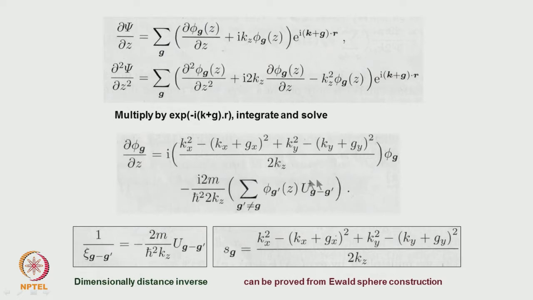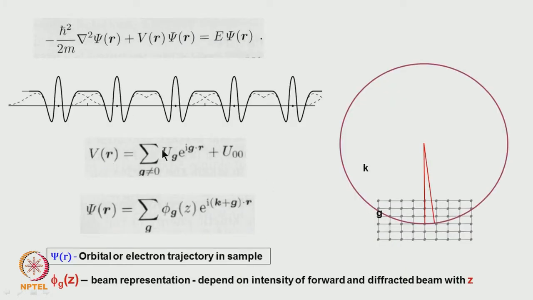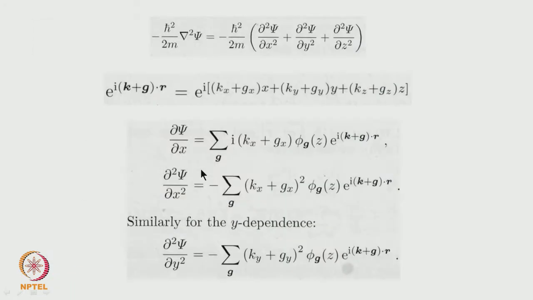That means in this term, it is for different values of g which we are considering. The Fourier coefficients of the amplitude of the wave at every point are coupled with, multiplied by, the Fourier coefficient of the potential corresponding to each of these, correct. This is a Fourier coefficient of potential, because of how we have written this expression, V of r equals sum of ug.